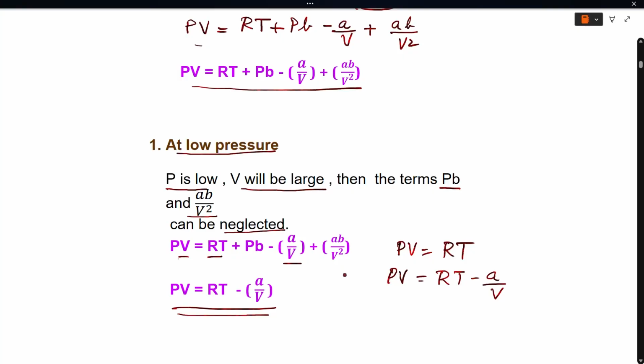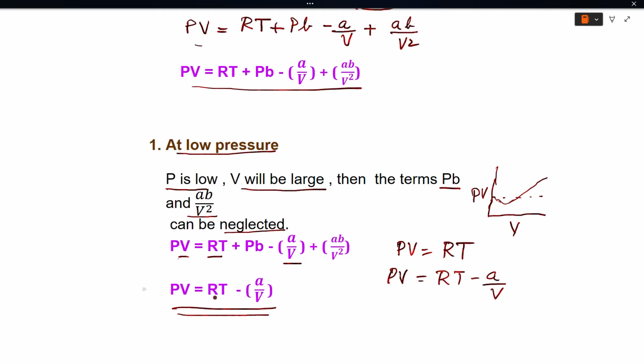So, you will have lower values, and this explains why, when we plot PV against pressure, in most gases at low pressures there is a dip and then the rising part.